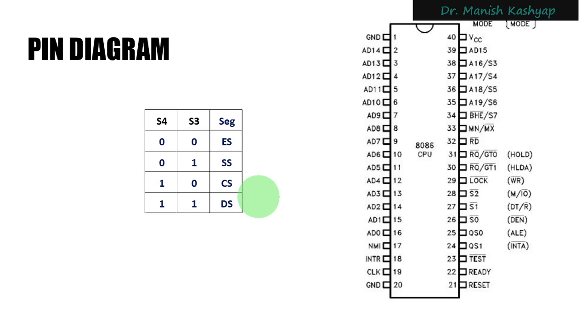But for now, if you want to know which segment is being used currently, you have to see these pins S3 and S4. If S3 and S4 have a value of 0, 0, you are using the extra segment. Otherwise, if the value is 0, 1, stack segment; 1, 0, code segment; and 1, 1, data segment. So this is used to keep track of that particular thing, S3 and S4, right?